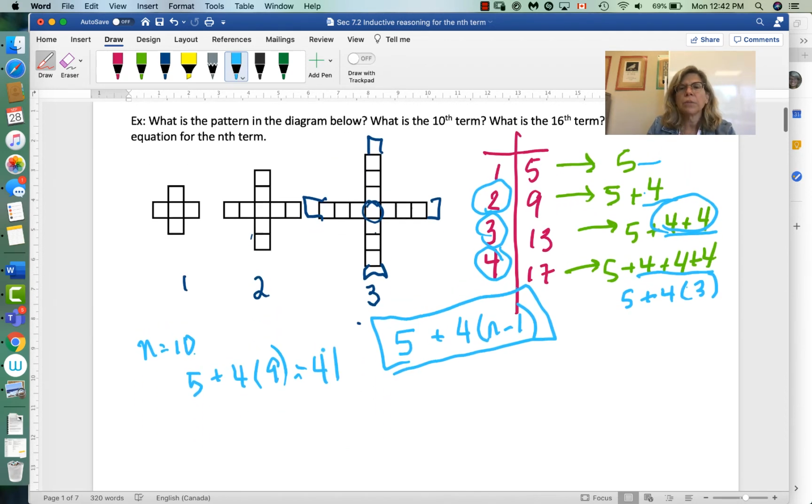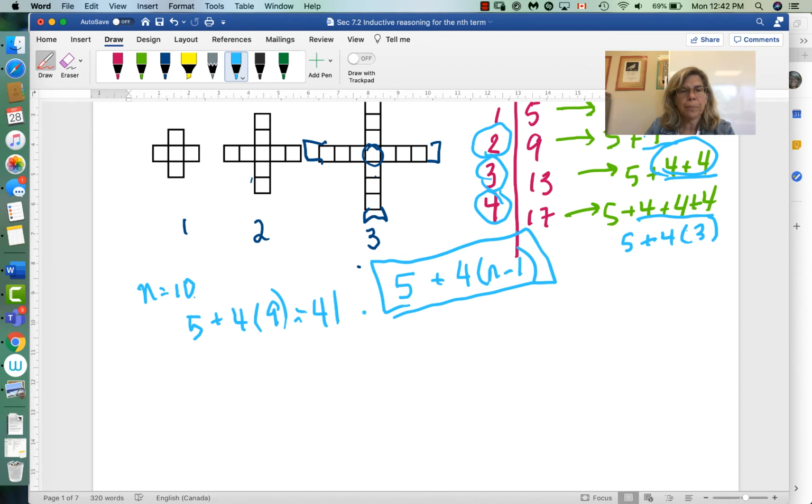And then the next one is the 16th term. So for n equals 16, that's 5 plus 4 times (n minus 1), but n is 16, so you say 15, and 15 times 4 is 60, plus 5 is 65.